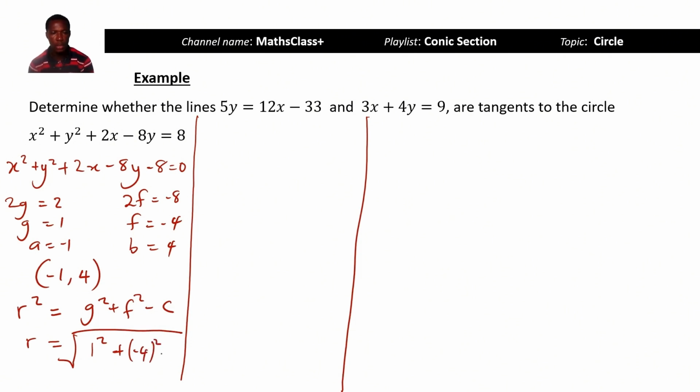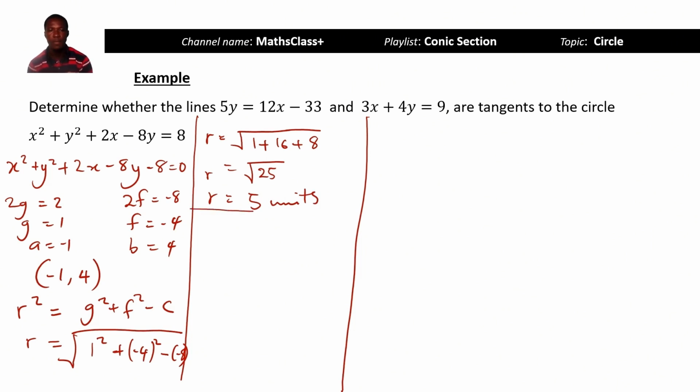So minus negative 8. So my r will be the square root of 1 plus 16 plus 8, that will give me root of 25, and so my r is equal to 5 units.